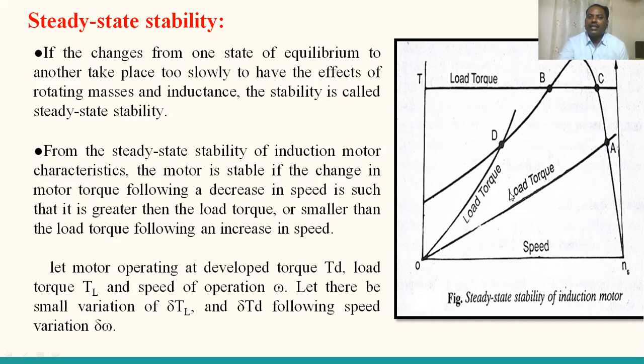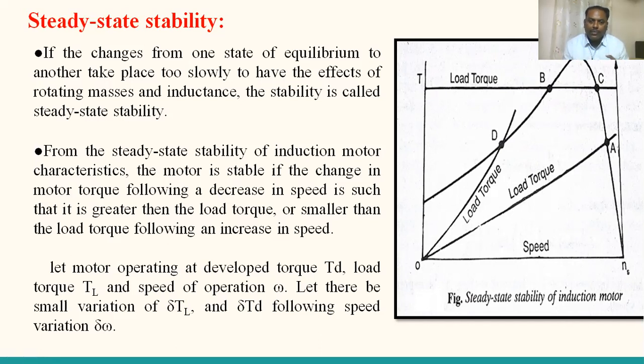Let us have a small look at how the disturbance is created and what change is to be expected. Let the motor operate at a developed torque TD, load torque TL, and motor speed omega radians per second. This is the original system with one equilibrium condition.